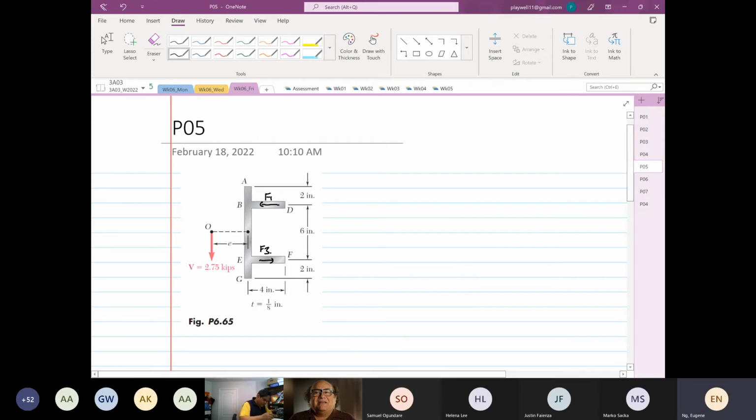So we are going to look at section. So we know that F1 is equal to F3. So we will look at the section BD. Okay. So as we have constructed, these are all our terminals. So this is our direction of Z, right? So we're going to find Q BD first.